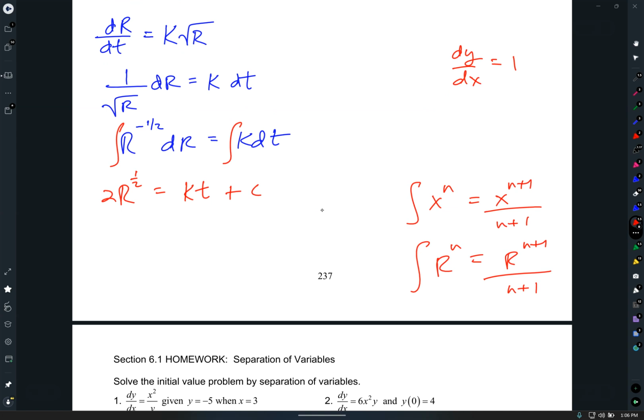If you say, hey, I'm going to integrate dy dx, I get y. If I integrate 1, I get x and then plus c, right? What you're not thinking about is that you really said, hey, I need to move the dx over here. And then when I integrate both sides, this is like integrating a 1 dy, which would give me a y, and integrating a 1 gives me an x over here.